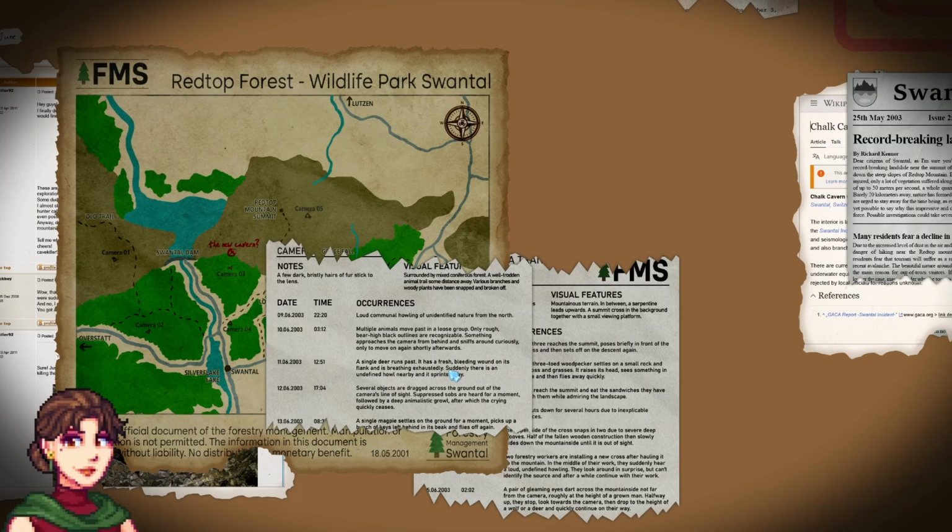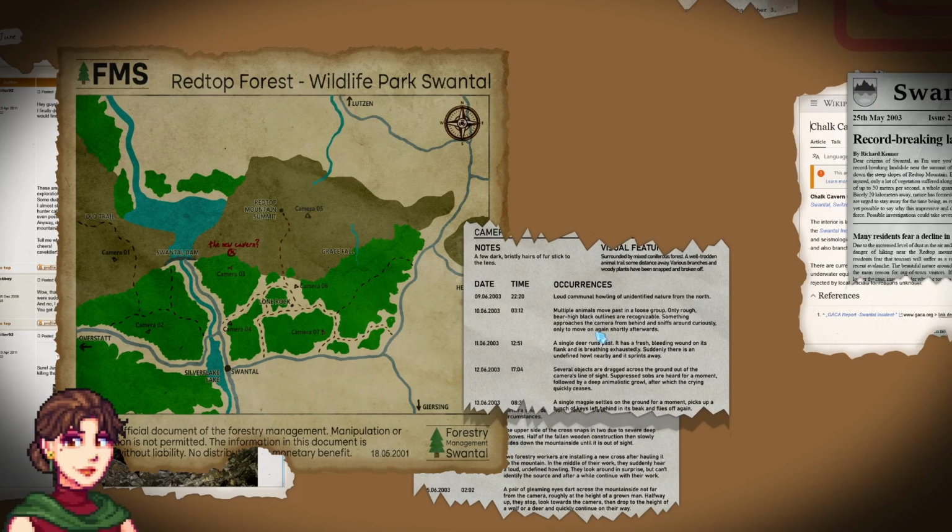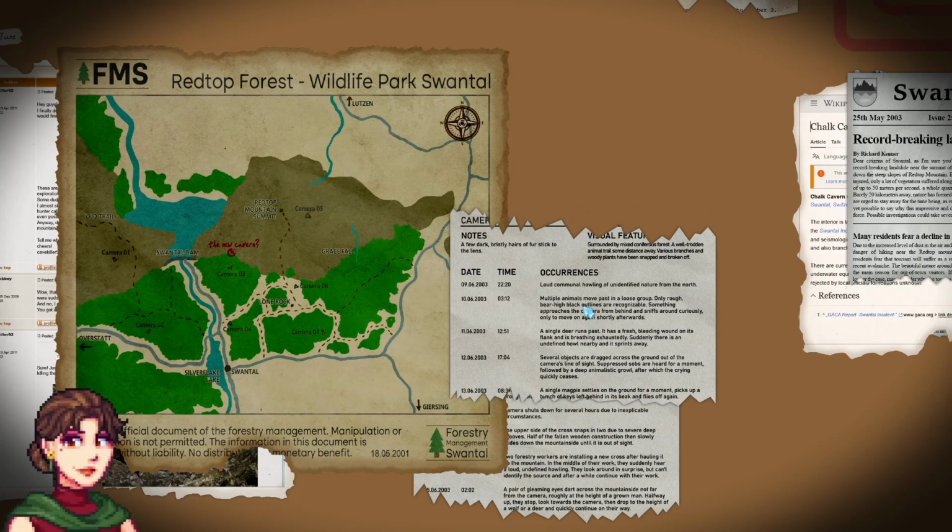Single deer rushes past, fresh bleeding wound. Several objects are dragged across the ground. Suppressed sobs are heard for a moment, followed by a deep animalistic growl, after which the crying quickly ceases. A single magpie settles on the ground for a moment, picks up a bunch of keys left behind in its beak, and flies off again. Ouch! Far out, bro. Far out. Okay.